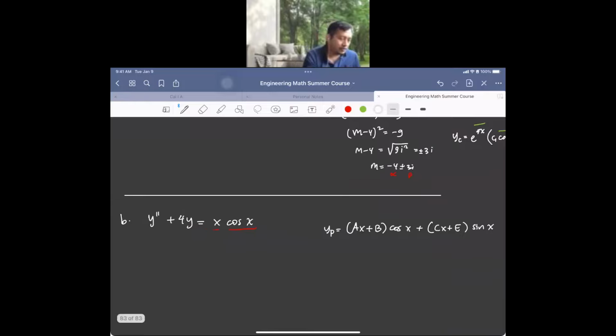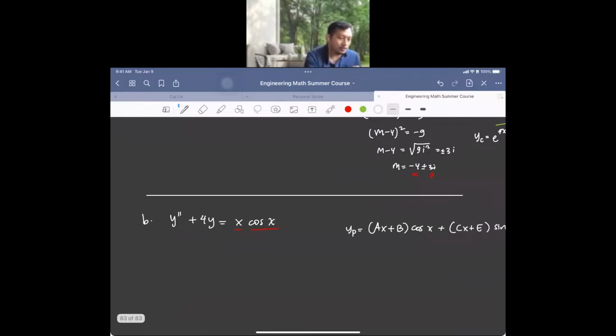And of course, we need to make sure that there are no duplications.